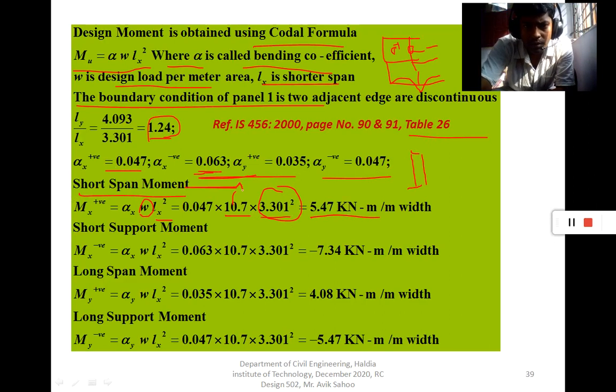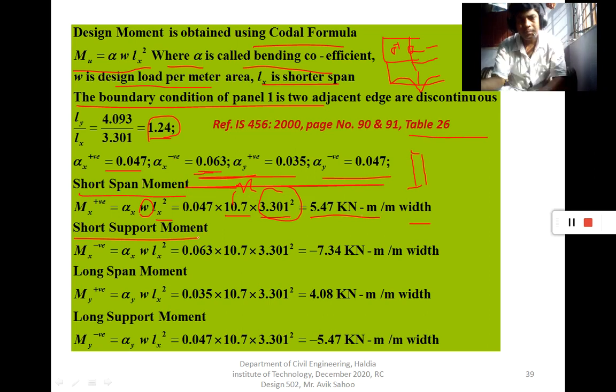Kilonewton per meter square, into meter square, then we get kilonewton. Then in the numerator we multiply meter, and in the denominator again the 1 meter, so we get the moment per meter width. Similarly, we get the short span moment.